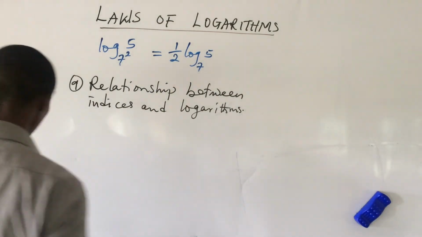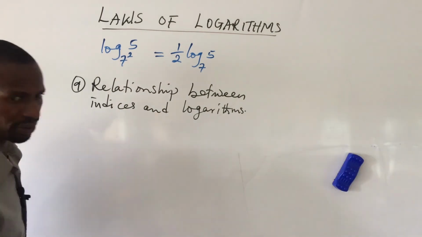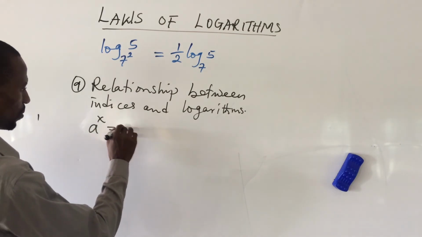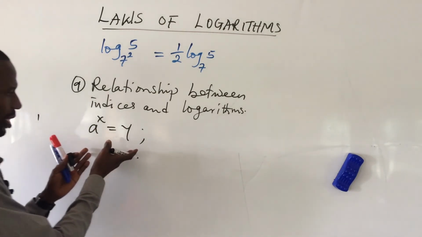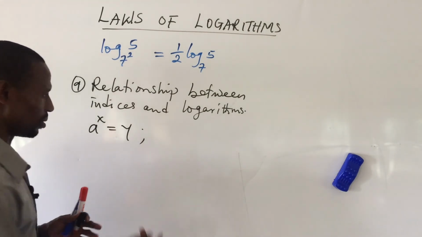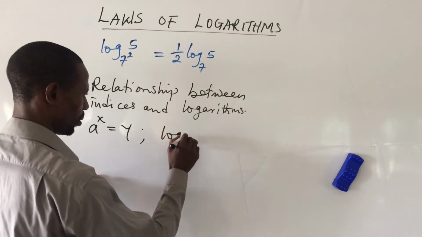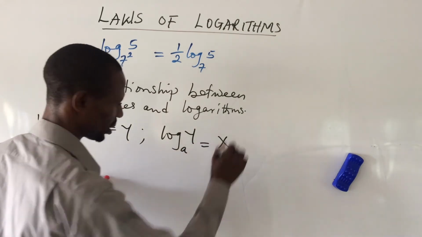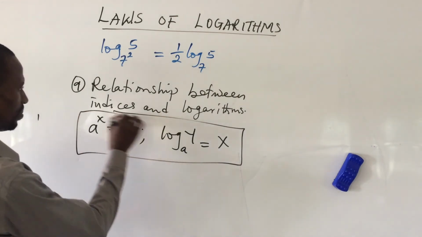For instance, if you have something in index form, a to the power of x equals y, this is indices. How do we write it in logarithm form? It is log y base a equals x. Very simple as A, B, C.